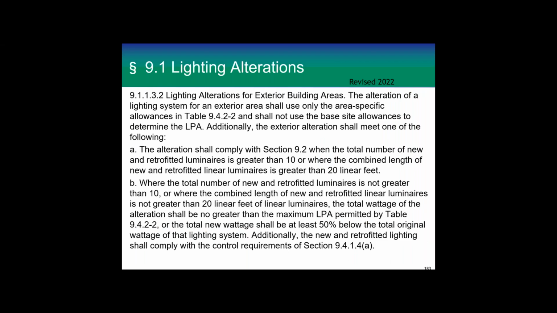So here's lighting alteration for exterior building, about the same kind of thing. The alteration of a lighting system for an exterior area shall use only area-specific allowances. That's our table. That doesn't bother people. Alterations comply with 9.2 when the total number of new and retrofitted luminaires is greater than 10, or the combined length of new and retrofitted linear luminaires is 20 linear feet.